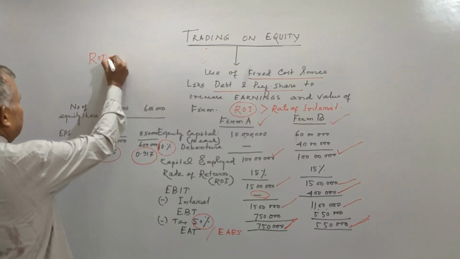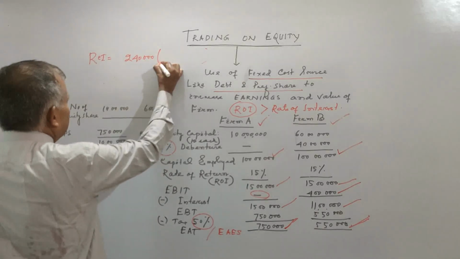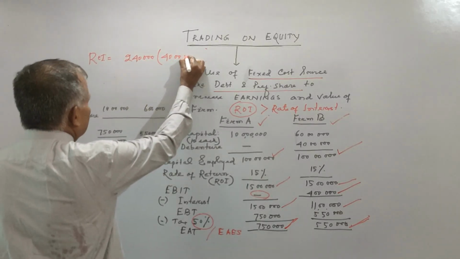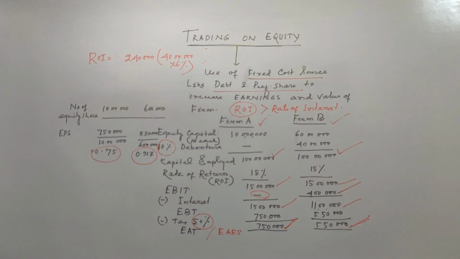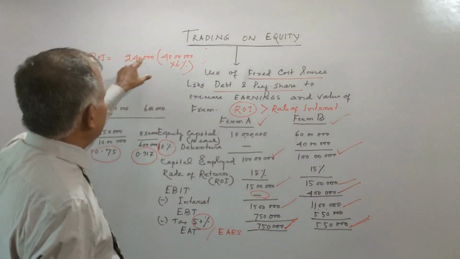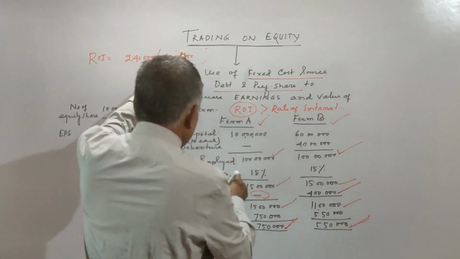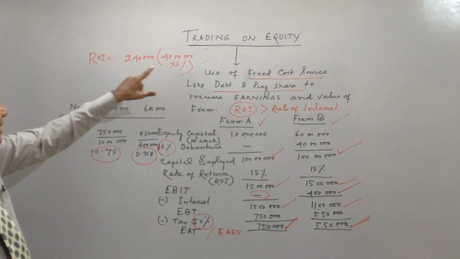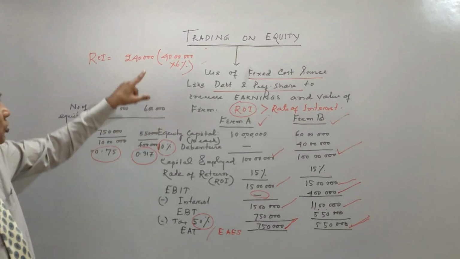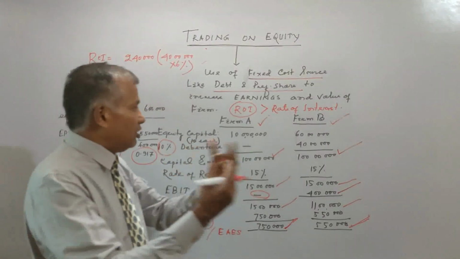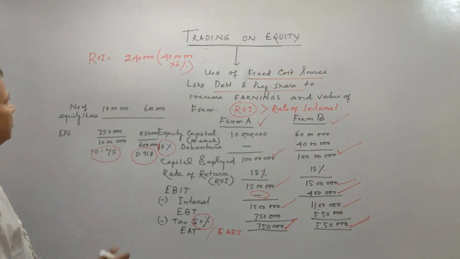In case return on investment is 6%, it is 2,40,000, that is 40 lakhs into 6%. So 2,40,000 will be the return on 40 lakh. Return on investment of 6% is less than 10%. I invest 40 lakh, I get 2,40,000.